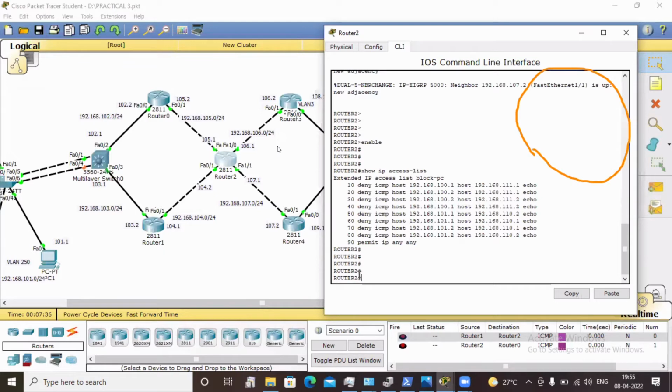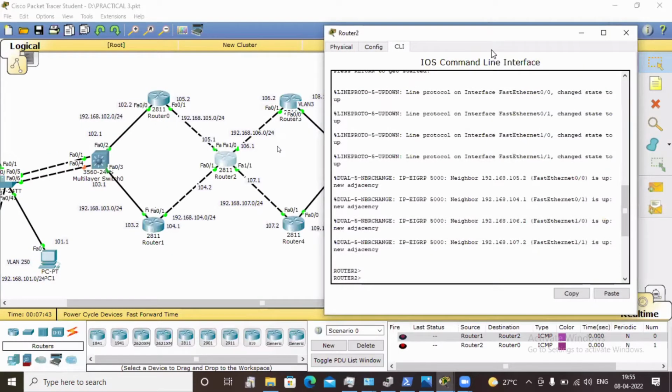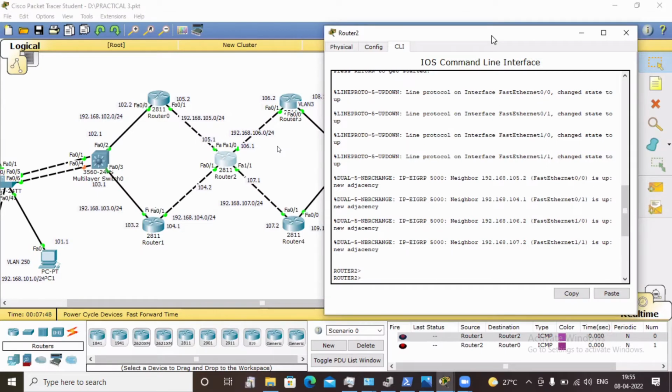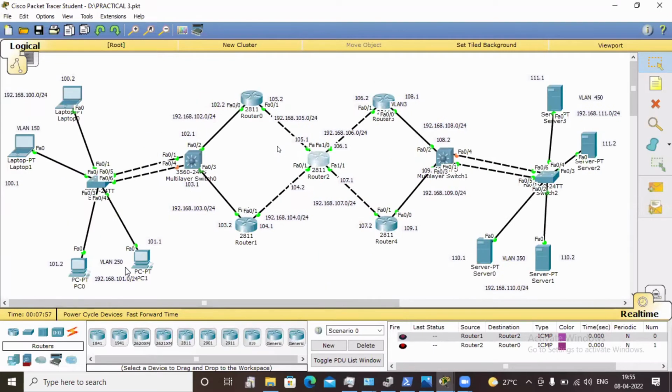Sorry, sir. Actually, these two machines, the ping traffic should be blocked to these machines.